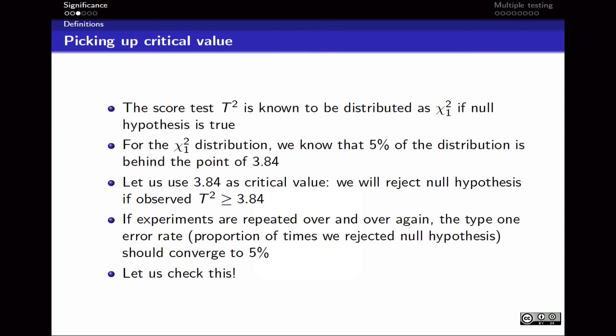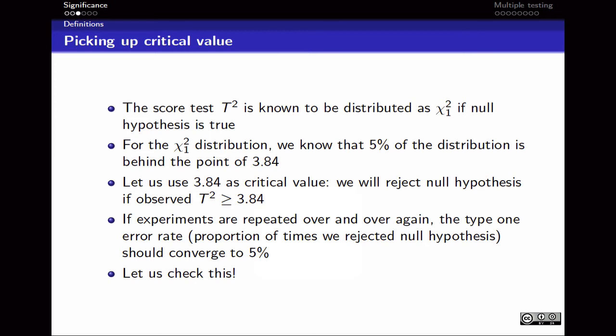So let's consider what type of critical value we are going to use. The score test is known to be distributed as chi-square with 1 degree of freedom when the null hypothesis is true, as I have already demonstrated several times. We know that for the chi-square distribution with 1 degree of freedom, 5% of the probability distribution is beyond the point of 3.84.